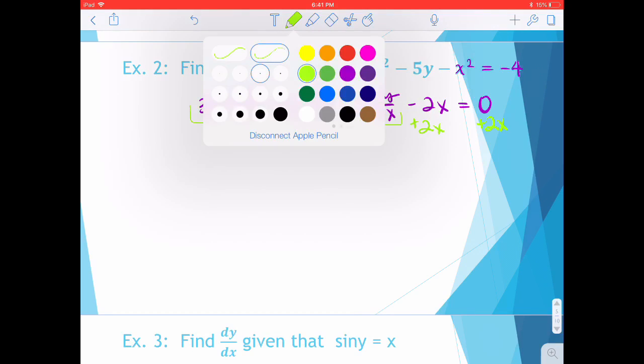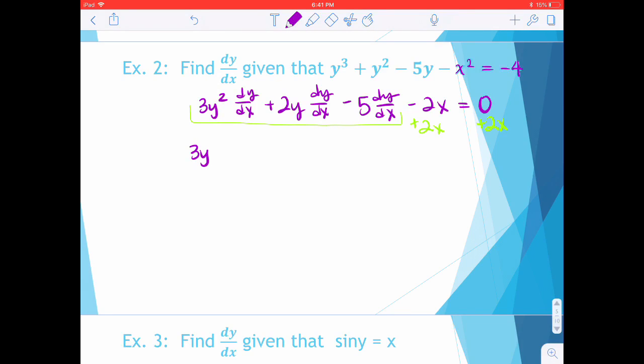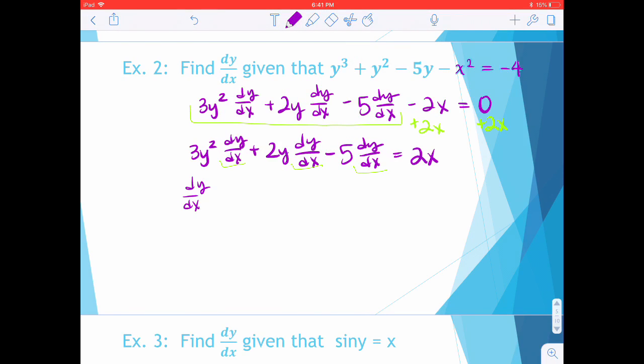And then I'm going to get 3y squared dy/dx plus 2y dy/dx minus 5 dy/dx equals 2x. Okay, now since all of these terms have a dy/dx, we can factor that out. So dy/dx times (3y squared plus 2y minus 5) is equal to 2x.